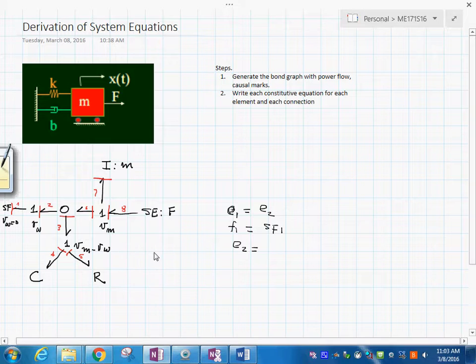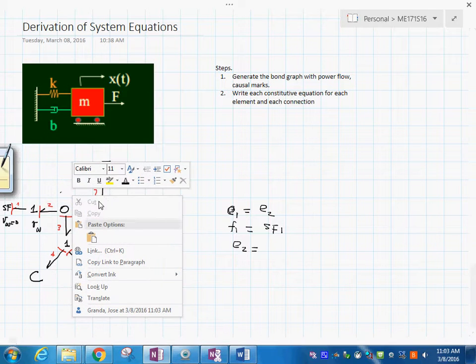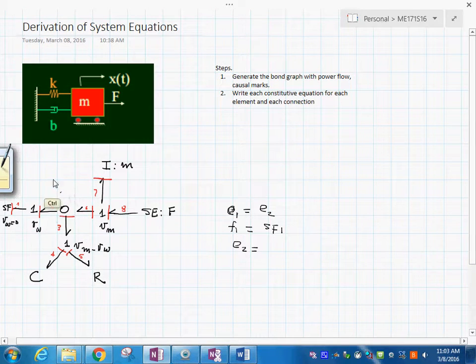E sub 2, this one, is equal to E sub 3 right here. Yeah? And so because that's what caused the effort, that's what determines the effort. So this is E sub 3. And what is F sub 2? F sub 2, the one that determines what F sub 2 is, is F1.